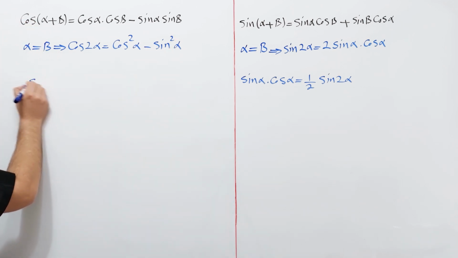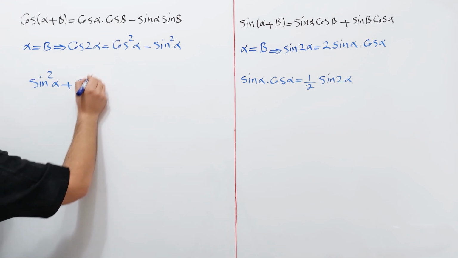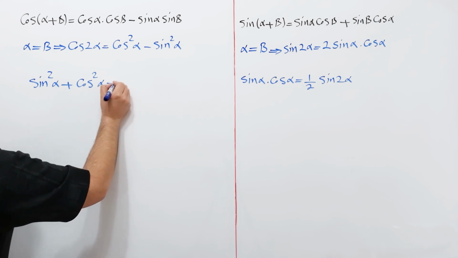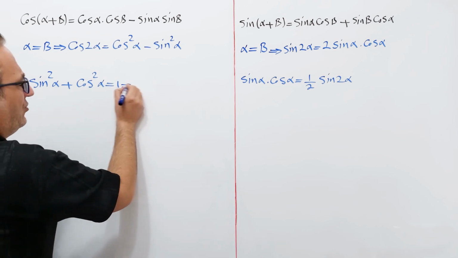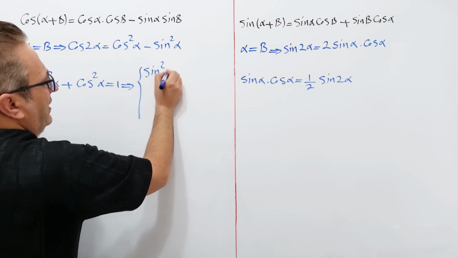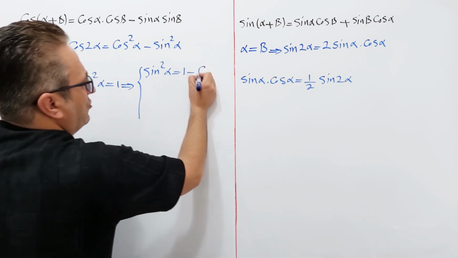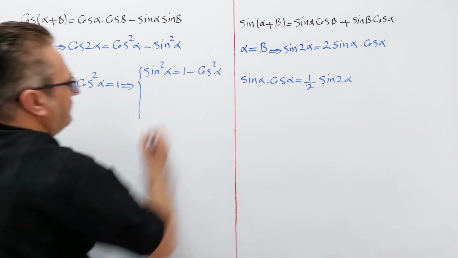And we know that sine squared alpha plus cosine squared alpha is equal to 1. So, sine squared alpha is equal to 1 minus cosine squared alpha.